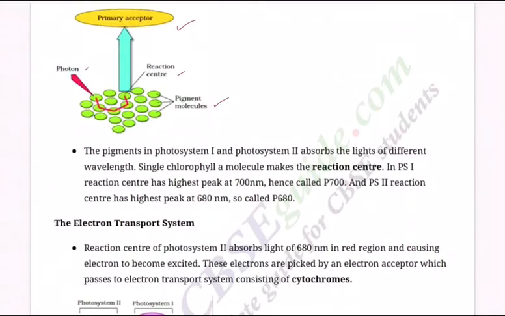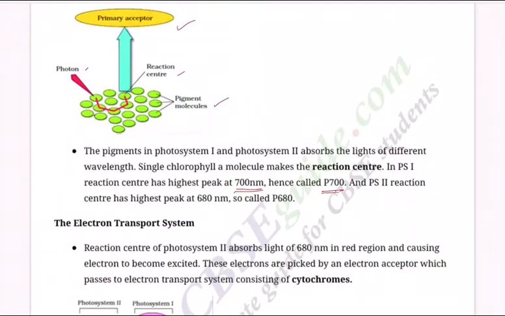So the pigments in photosystem 1 and photosystem 2 absorb the lights of different wavelength, as I said 400 to 700 nanometers. A single chlorophyll molecule makes a reaction center. In PS1, reaction center has highest peak at 700 nanometers, hence called P700.